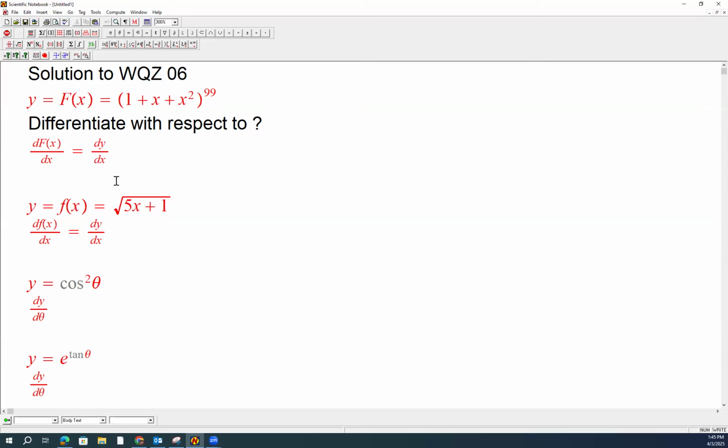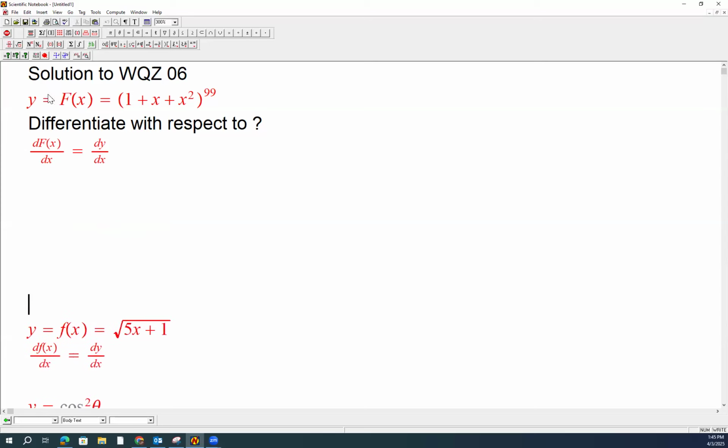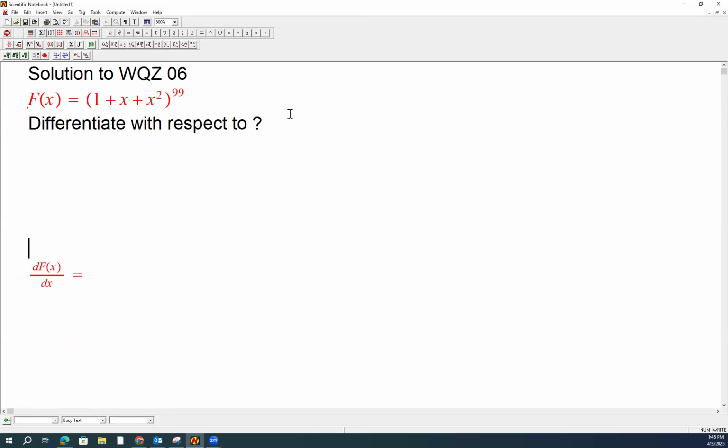Now, I'm going to go over the first question first. Since I did not introduce the capital Y, I'm just going to remove this piece. Some of you may not be very comfortable with the composition, so I'm going to first show you the composition method.